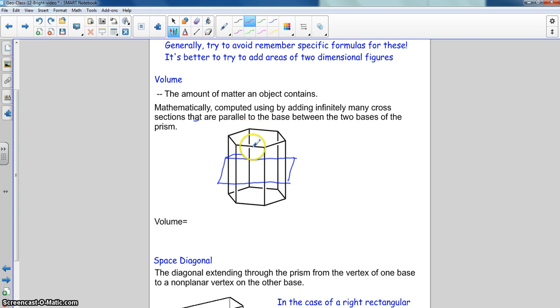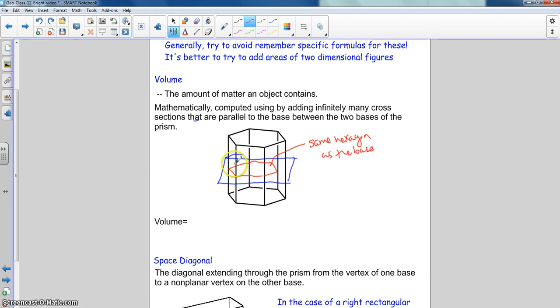And the shape that I would get, and this is not going to be perfect by any means, would look something like this. This is a kind of bad drawing, but this would be that hexagon. This would be the same hexagon as the bases.